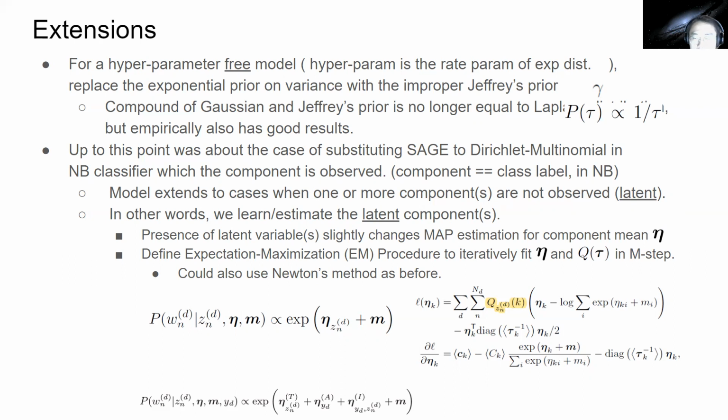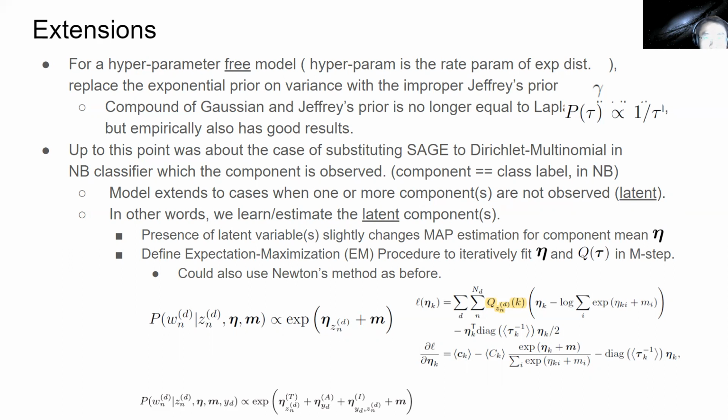So by doing this, at a higher level, previously we wanted the L1 regularization effect from the Laplace distribution, which is the compound model of the normal distribution and the exponential distribution as its prior.